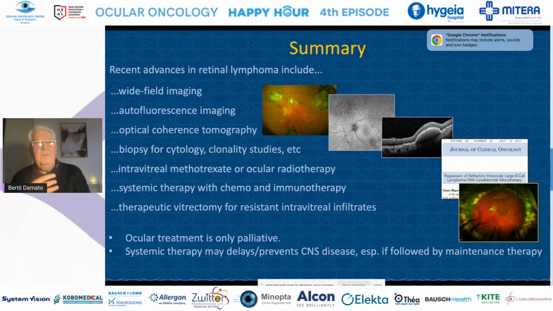My personal belief, and I don't know if anyone agrees with me, is that the ocular treatment is only palliative, and that if there's any chance of prolonging life, it will be with systemic treatment, but only if administered by an experienced team of hemato-oncologists, an experienced nursing team, and so on, and if followed by long-term maintenance treatment.